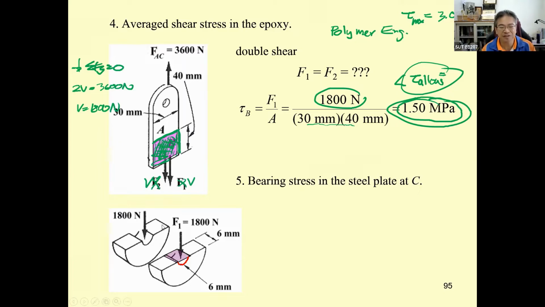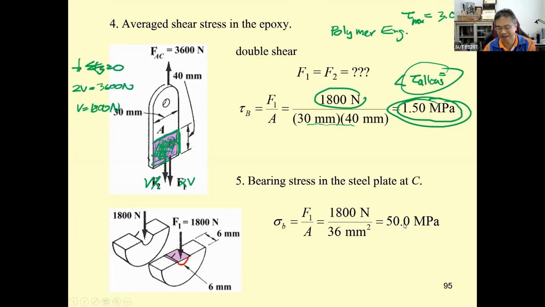So, since pin C is subjected to double shear, the force applied to this light purple area is going to be 1,800 Newton. And then the area here is going to be 6 millimeter thick plate and 6 millimeter diameter on both sides. So that is going to be 50 megapascal.